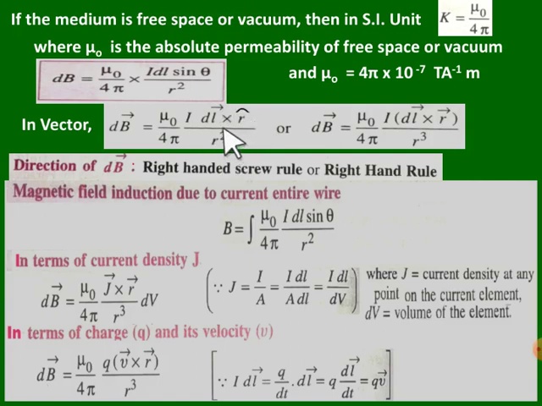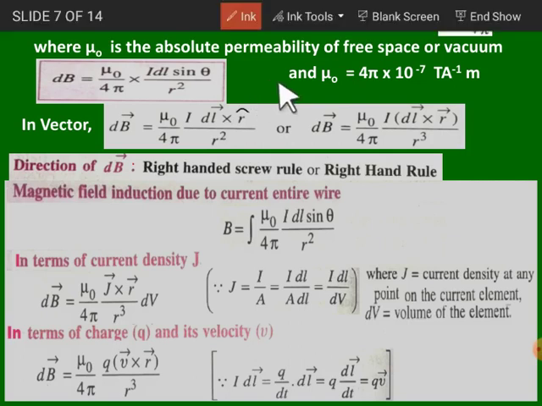Or you can also write, instead of r cap, if you want to express it in terms of vector notation, then your r vector can be written as its magnitude, that is r, times its direction, r cap.